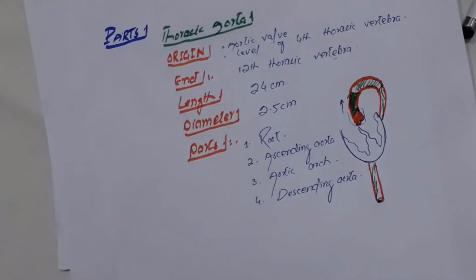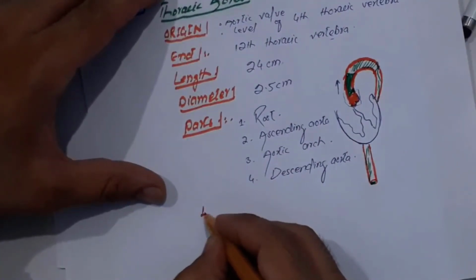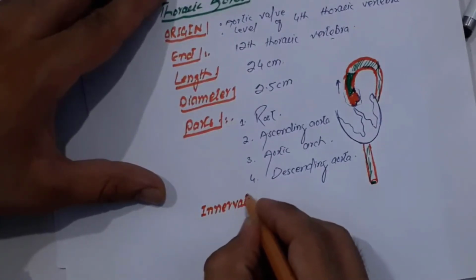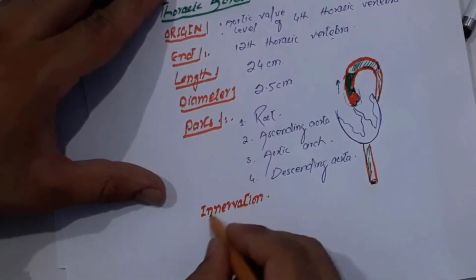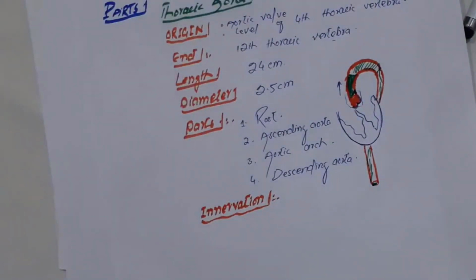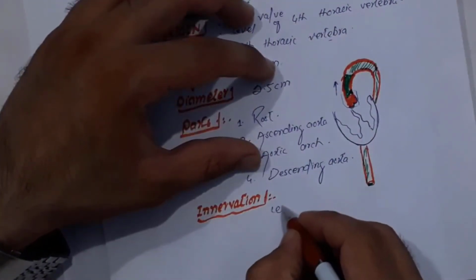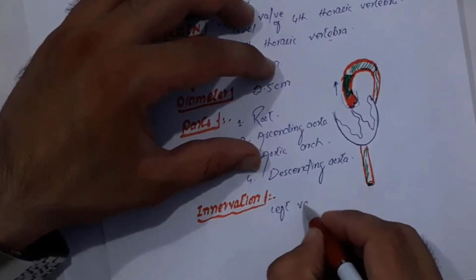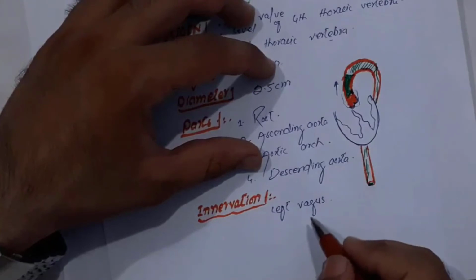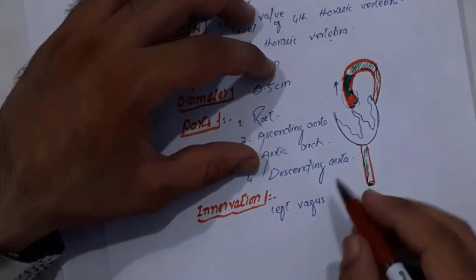Next thing about thoracic aorta that we should know is its innervation. Which nerve is responsible to control this thoracic aorta? So the nerve is the left vagus nerve. This left vagus nerve gives a branch, which is the recurrent laryngeal nerve.